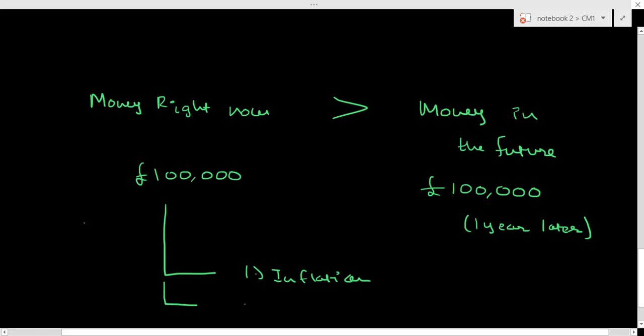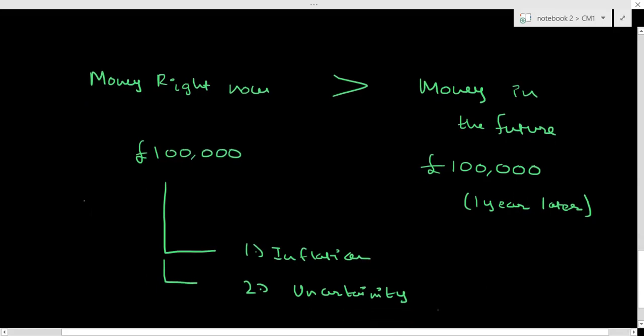What is the second reason? The second reason is uncertainty with payment. Now I told you that these are certain payments we are dealing with, but they are not completely certain. There is still some uncertainty around them. What if a bank tells you that it will make you this payment of 100,000 pounds 1 year down the line, but the bank crashes, or fails, or goes bankrupt?